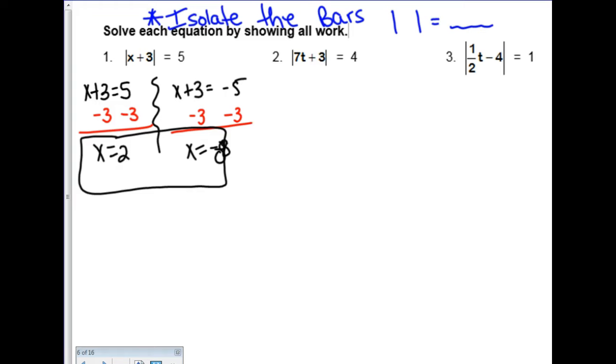Good. The bars are isolated, so we are ready to set up our 2 problems. 7t plus 3, there's a fraction that pops up here, so could equal 4. What else could it equal? Negative 4. We have not changed anything from inside the bars. All right, I'm going to subtract 3.